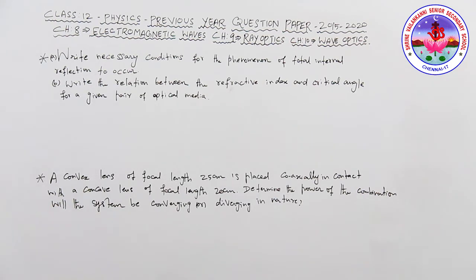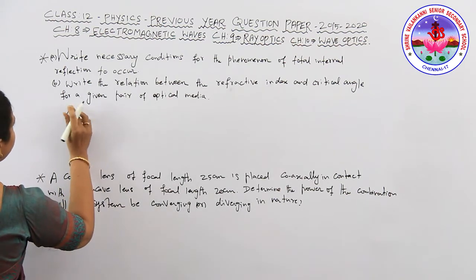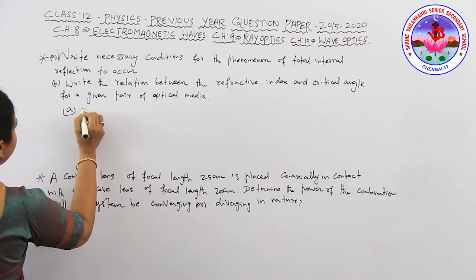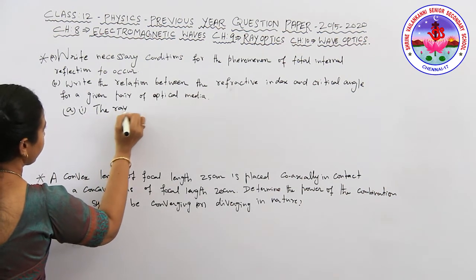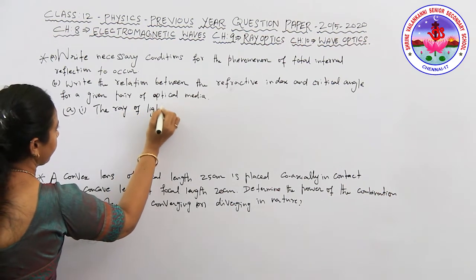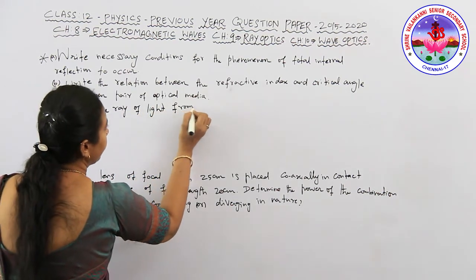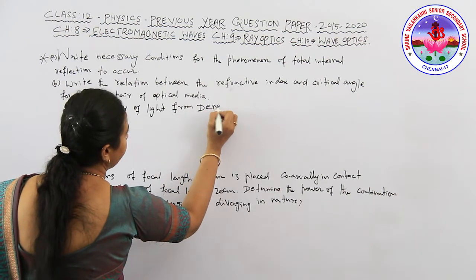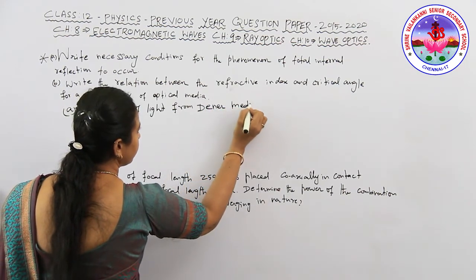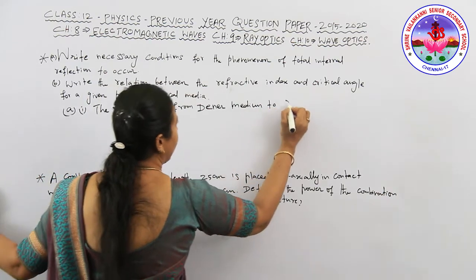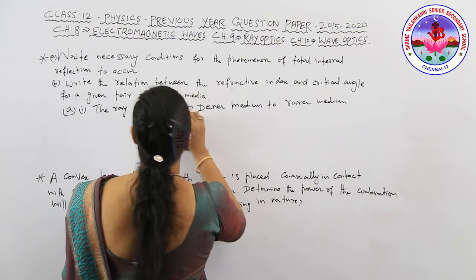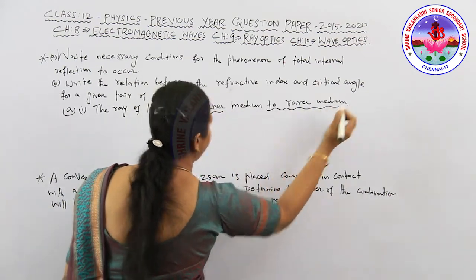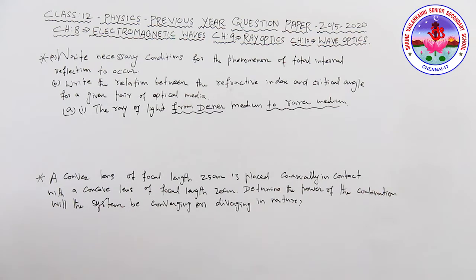The first point for A: the ray of light should travel from denser medium to rarer medium. Okay, so this is the first point.